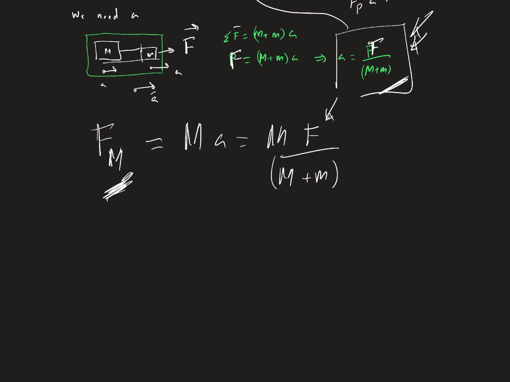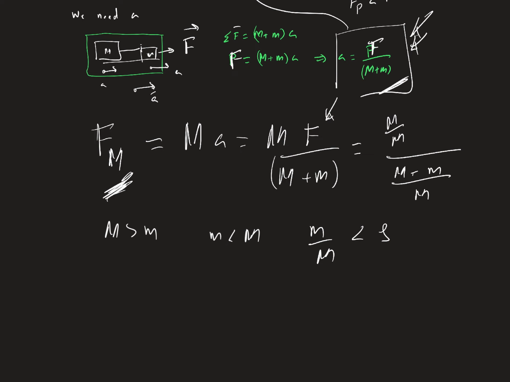The way to compare is to remember that M is bigger than m, or m is smaller than M, or m divided by M is smaller than 1. So I will take this expression and divide the numerator by M and the denominator by M. I have not altered anything, because I have divided the numerator and the denominator by the same thing.